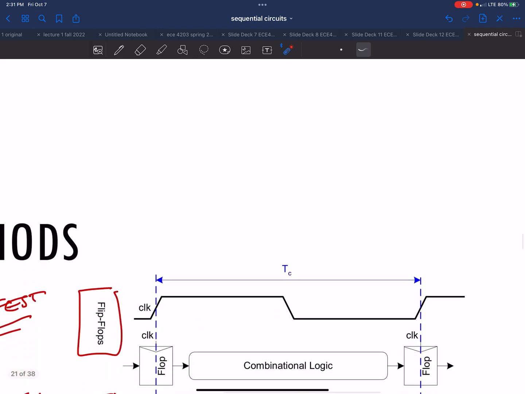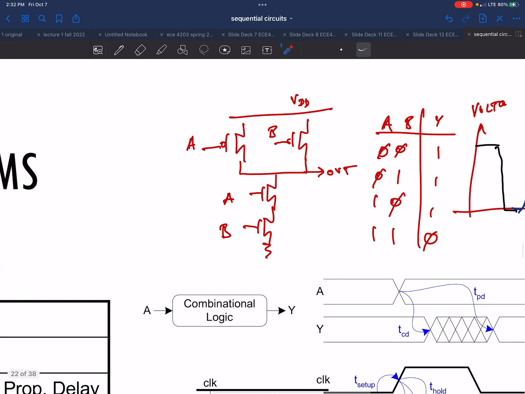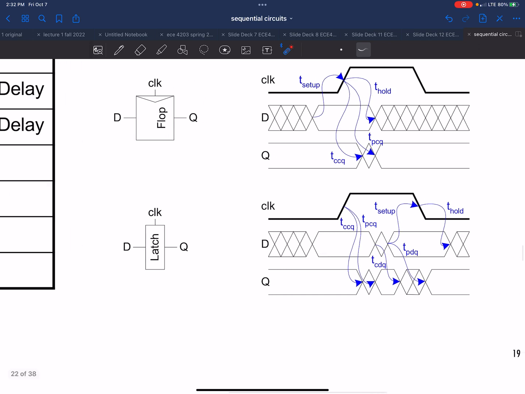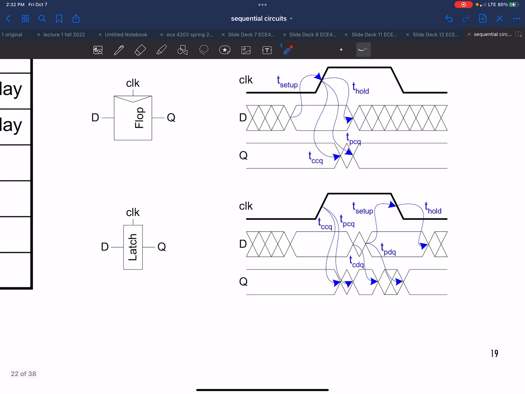So that's the flip-flop. Okay, now let's look at the latch. Now the latch is not edge sensitive. It's either high-value or low-value sensitive to the clock. So let's look at the high-value case.